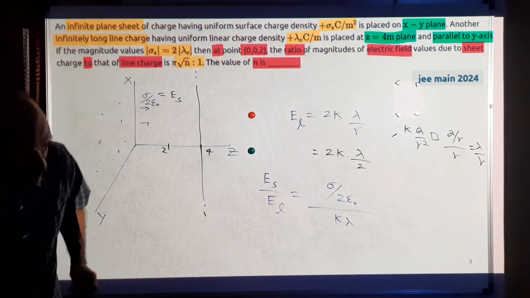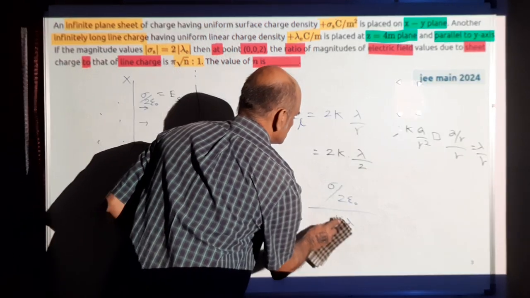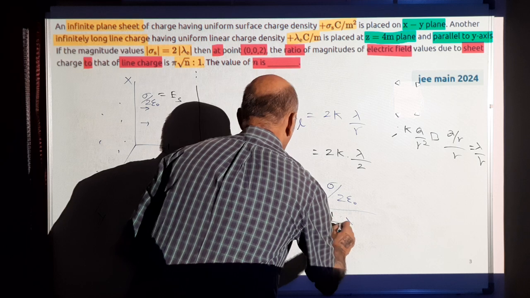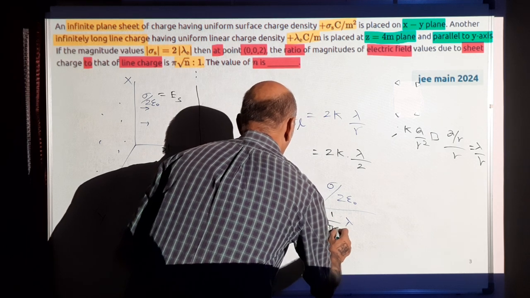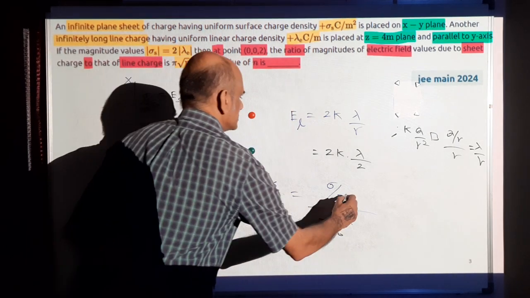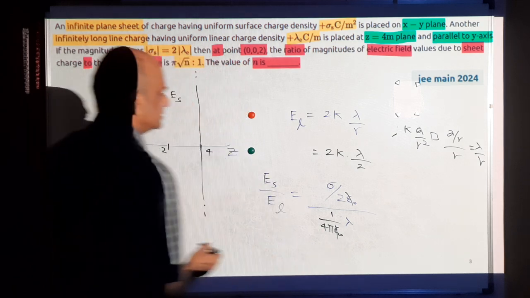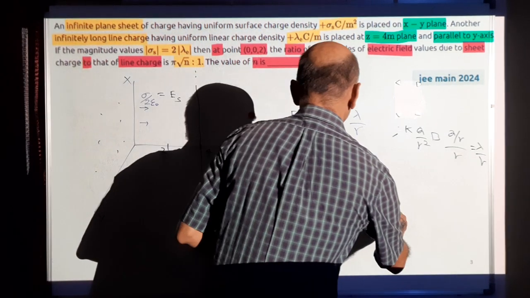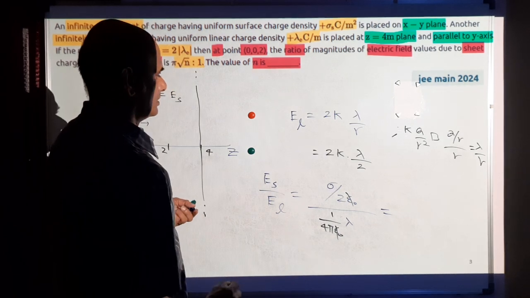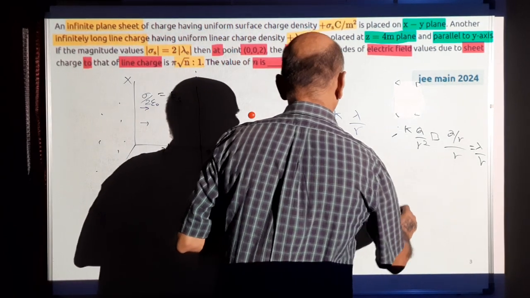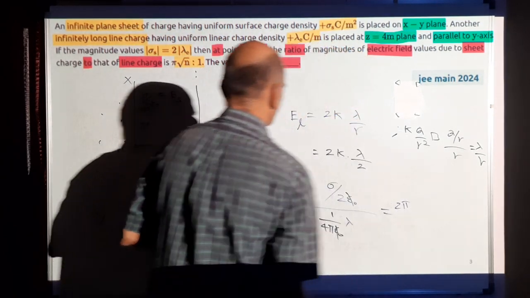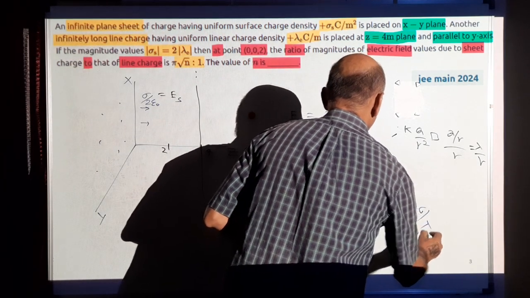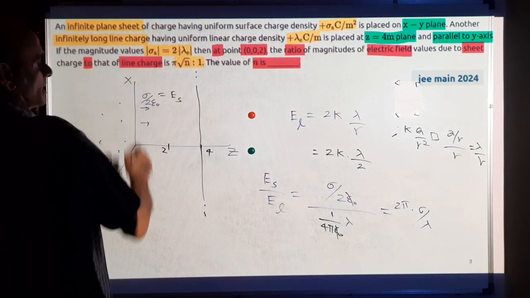K is 1 by 4 pi epsilon naught. Epsilon naught will cancel. So 4 pi, if it goes up, it will become 4 pi by 2 into sigma by lambda. Sigma by lambda is 2.